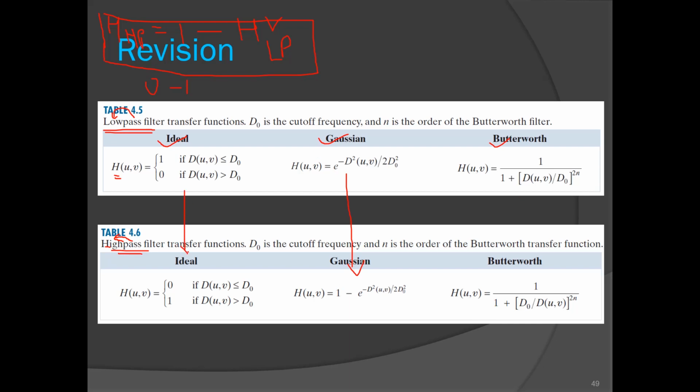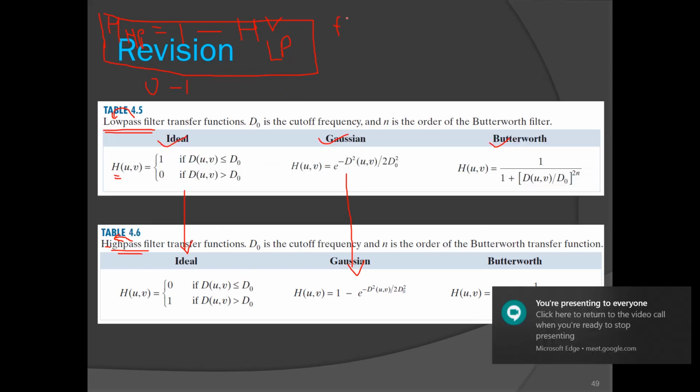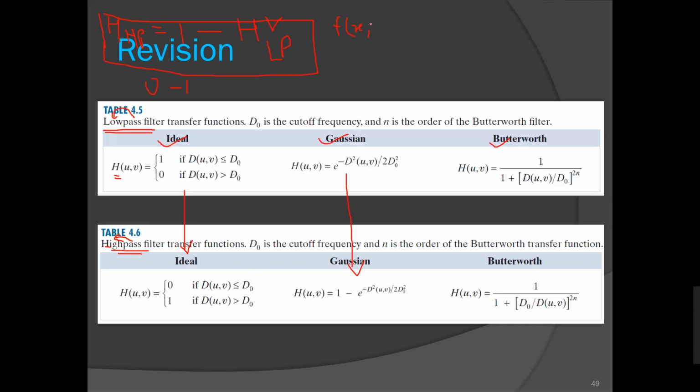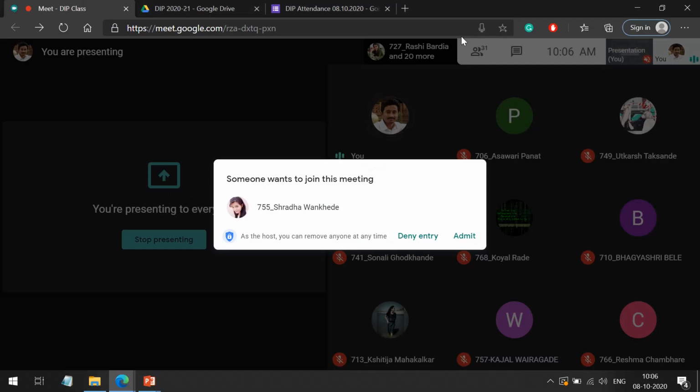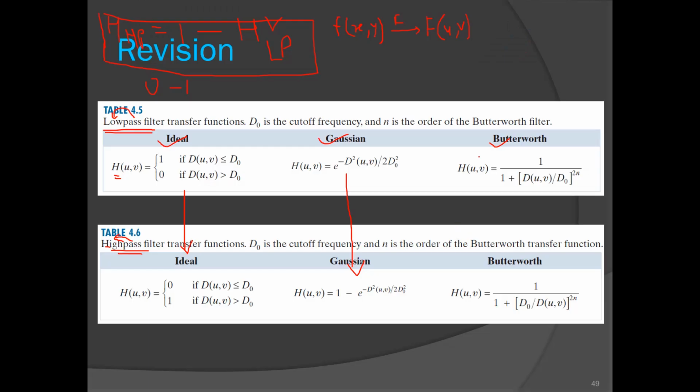And what is our general procedure? We have our input image in the form of f of xy, then we apply a Fourier transform on that to obtain a transform image which we represent by capital F of uv. Then we do the array multiplication, which in MATLAB we represent by dot star, with H of uv.